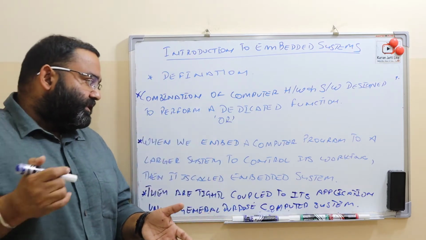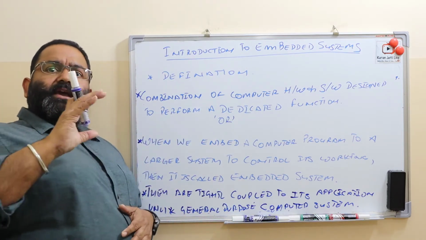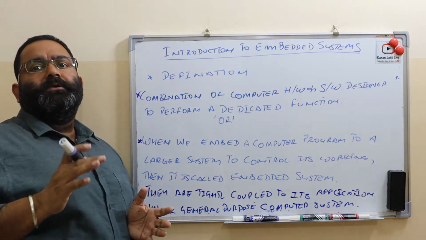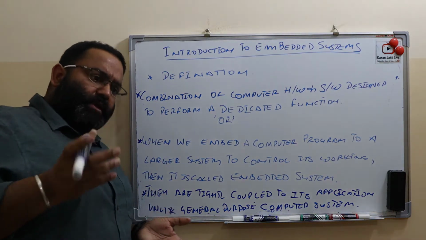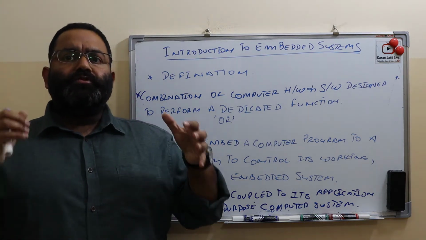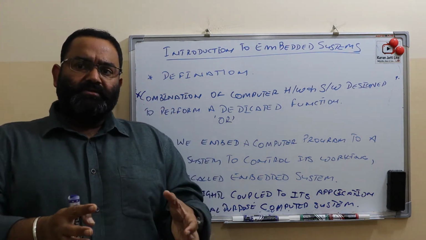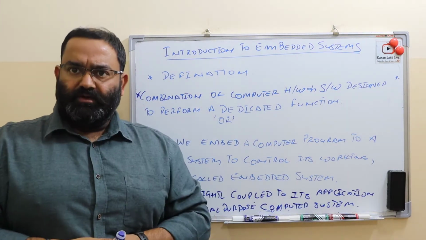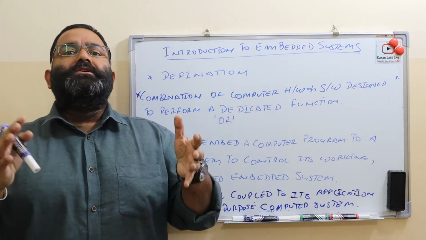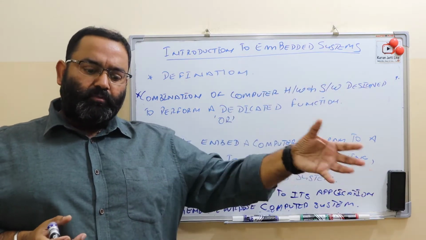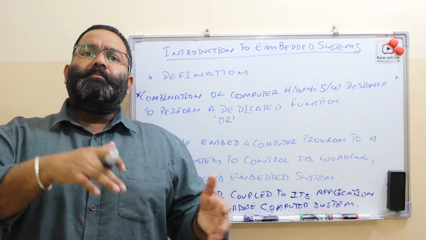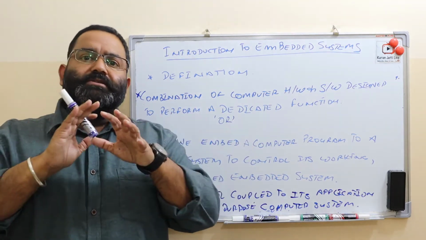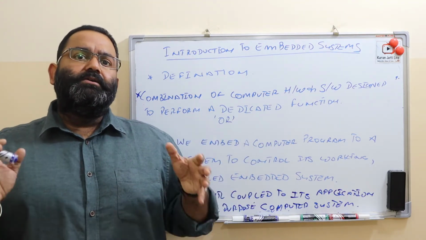Okay, and guys, embedded systems are tightly coupled to the applications, unlike general purpose computer systems. Now what happens in embedded systems? They are designed for a specific task, so they are designed only to perform that specific task. If we compare them to general purpose systems like your laptops, you can adapt your laptop to perform any different type of task, but this is not the case with embedded systems.